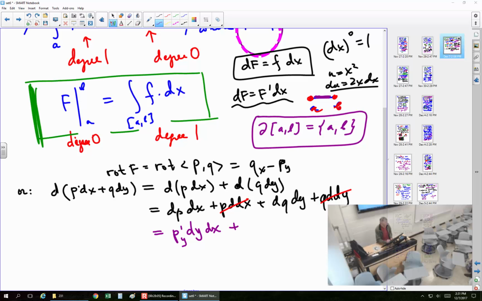So it will be q prime x dx dy. And then the last step is to realize that dx dy is not the same as dy dx. What do you think the relation is? Dx dy versus dy dx. What's the difference?